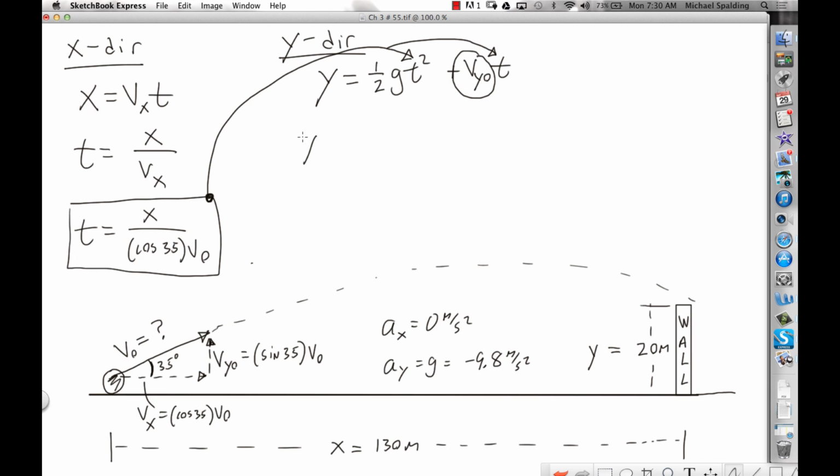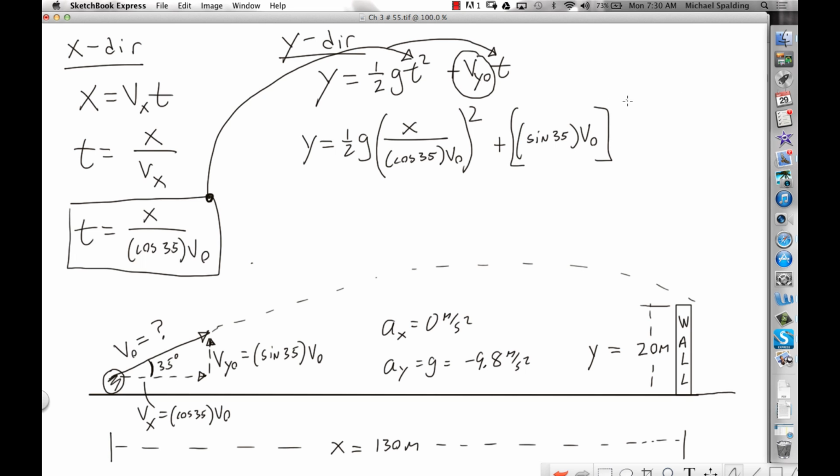So plugging in, we're going to get y equals 1/2 g. Now here's why I would not put this on a multiple choice. X over cosine 35 V initial squared plus sine 35 V naught, so that's Vy initial right there, times x over cosine 35 V naught.